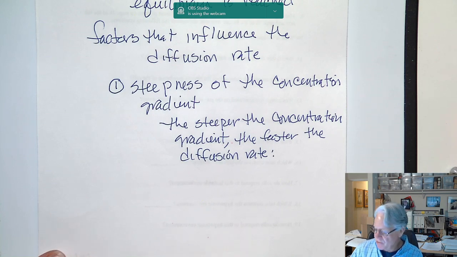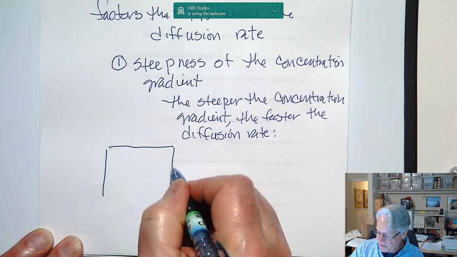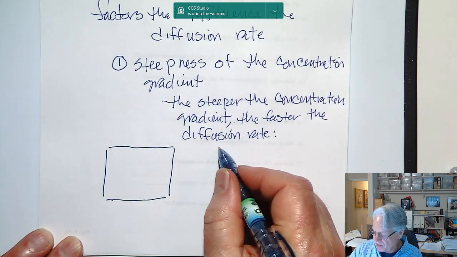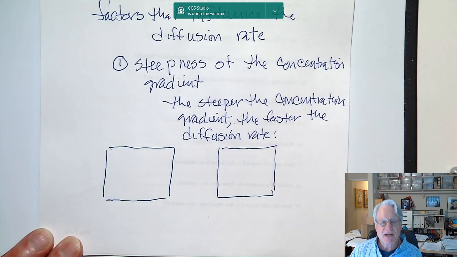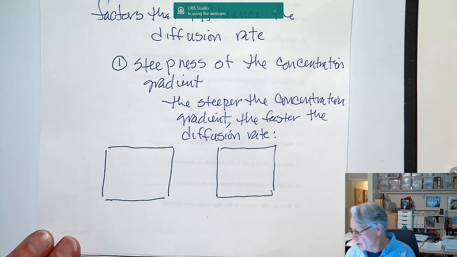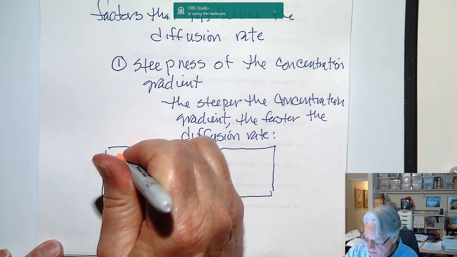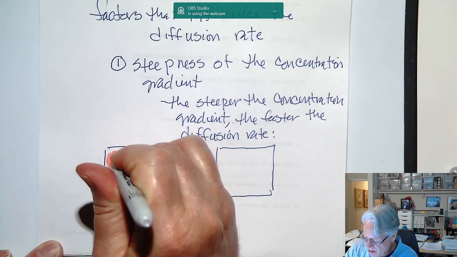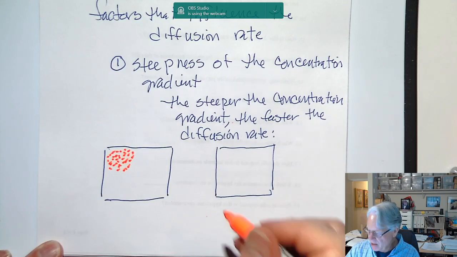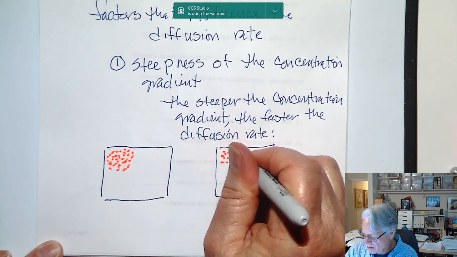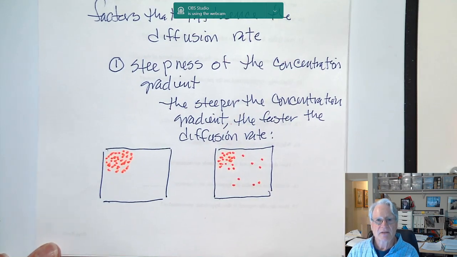Let me go ahead and give you two examples to illustrate what we're talking about. So I'm going to define two spaces, and I'm going to try to make them about the same size. So now the question is, let me first of all establish that concentration gradient. So here, that's that, and here, okay.